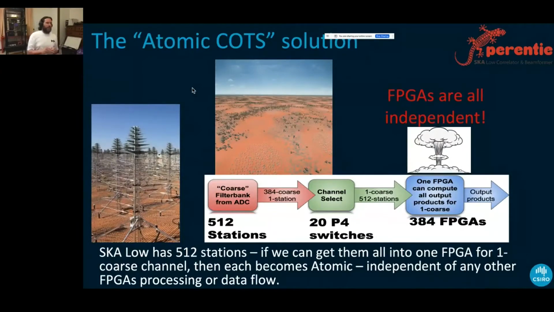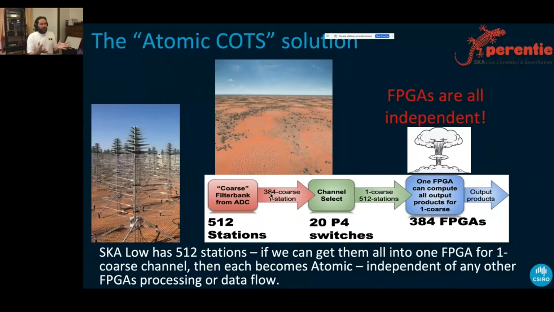So in the idea of the atomic cost solutions, same as before, you have the coarse filter bank from the analog to digital conversions. Then each station will produce 383 coarse channels.